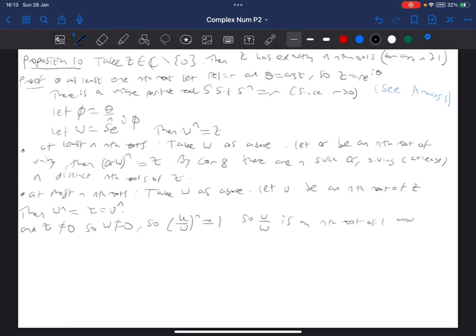And of course, by this corollary 8 that we've been using, there are n of these. So there are at most n choices of u.